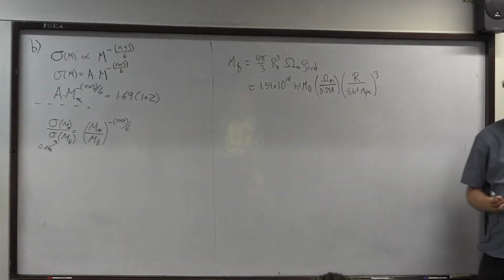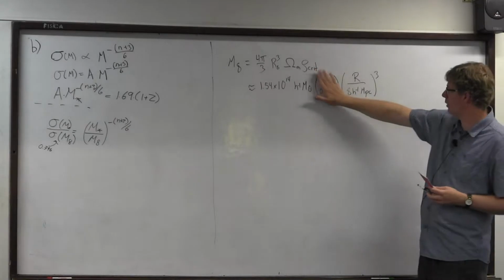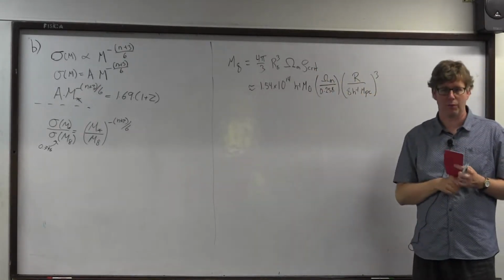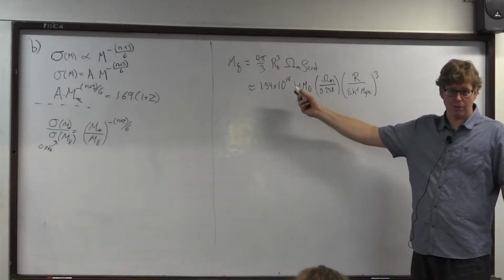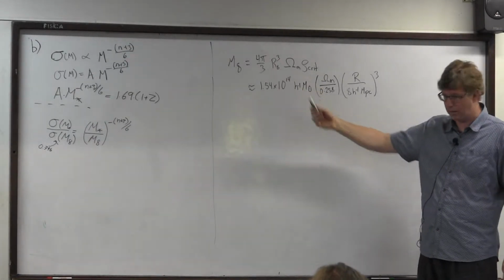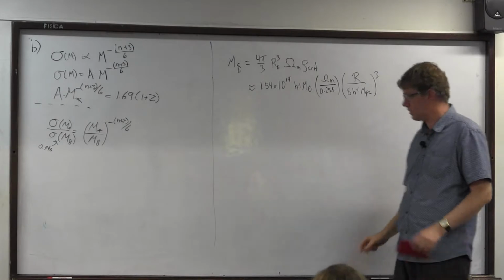So that's the mass within 8 megaparsec. Of course, given the numbers I had, you can ignore this scaling. I just put them in to be explicit about what the numbers are. So it's about 10 to the 14 solar masses. That's the size of a galaxy cluster, small galaxy cluster.